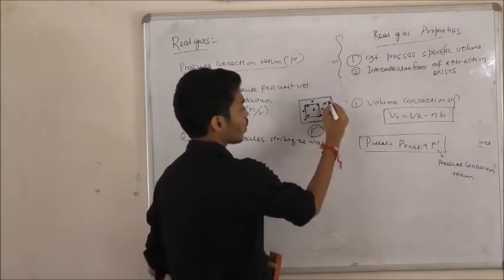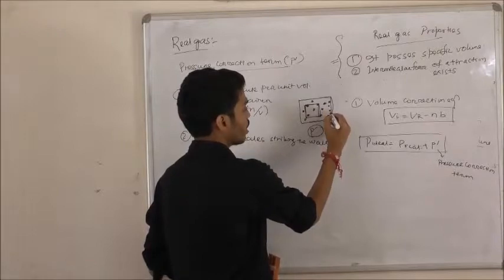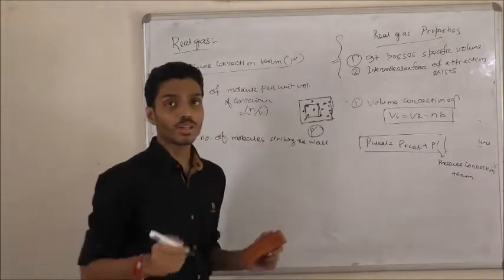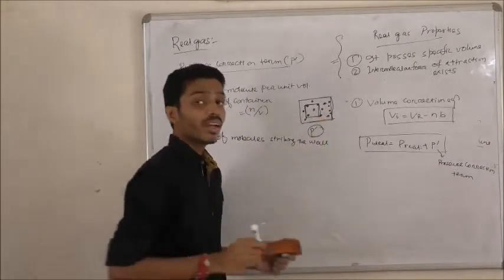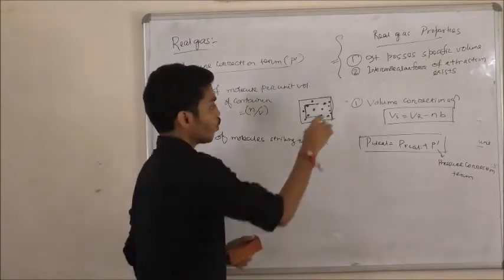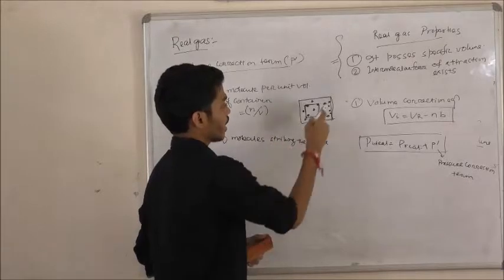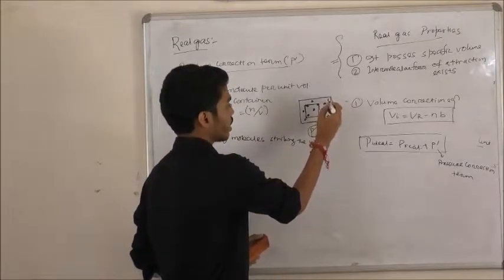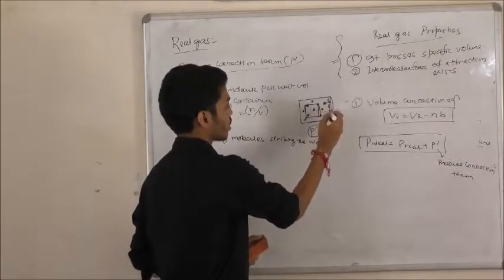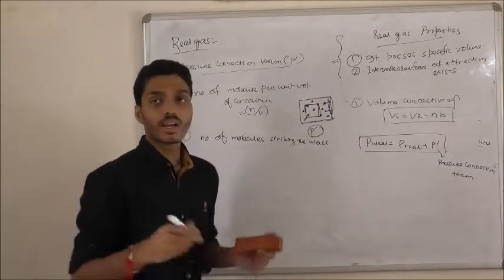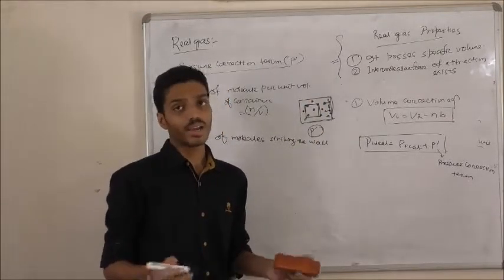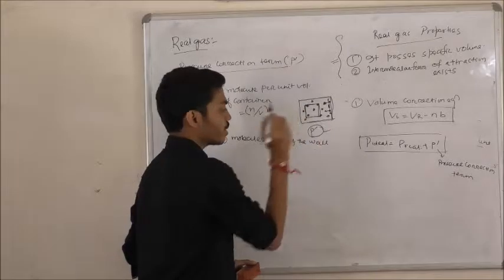Because if the number of molecules striking the wall increases, again the attraction force will increase, because the more molecules striking here, the more they get an inward attraction force in all directions. So overall attraction force will increase and again P dash will change.